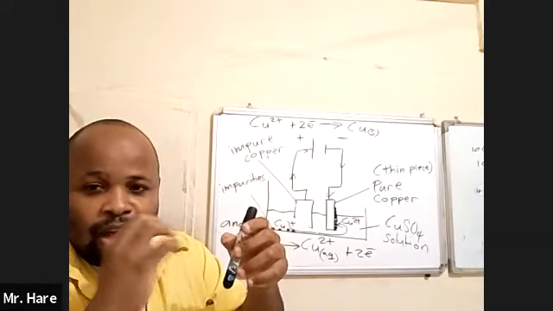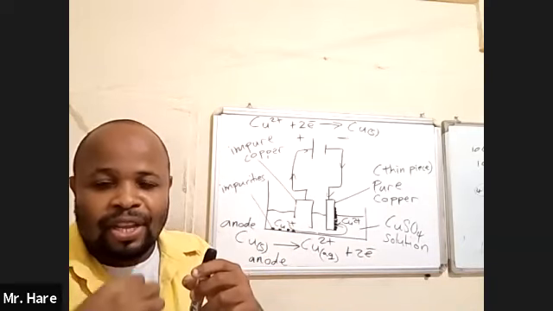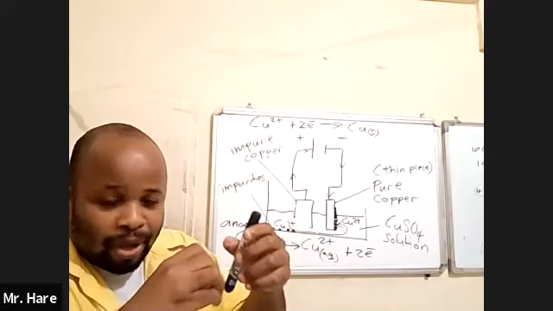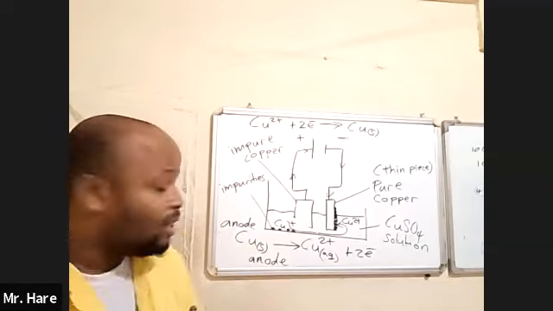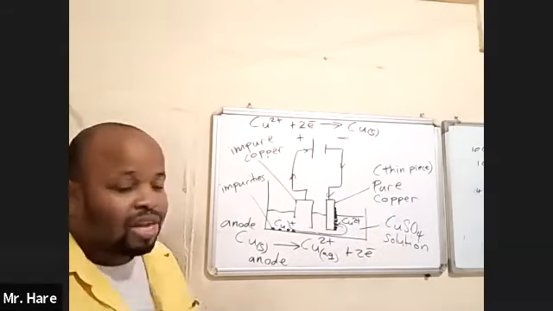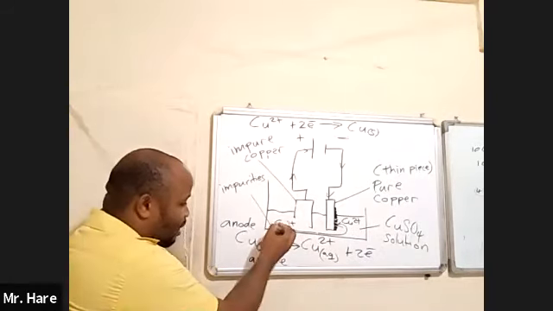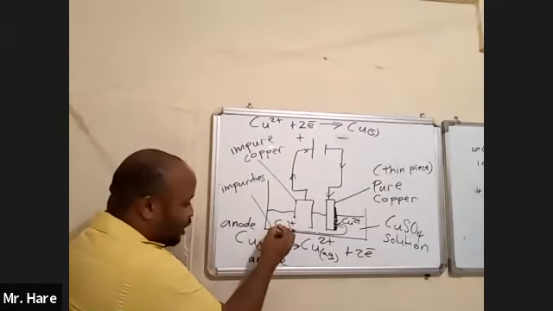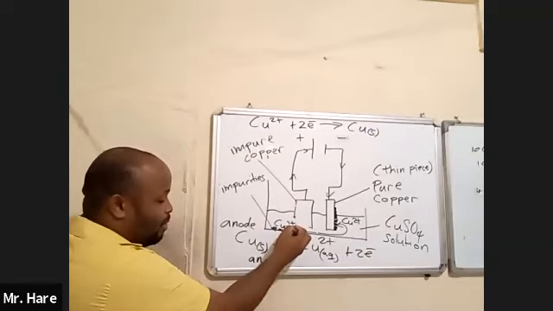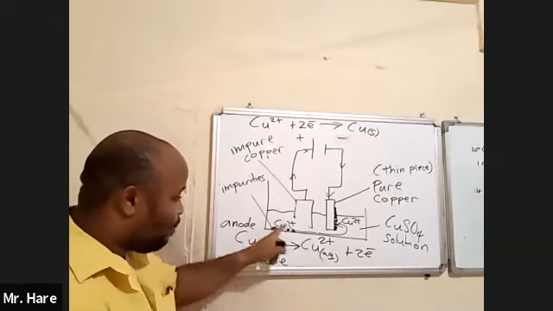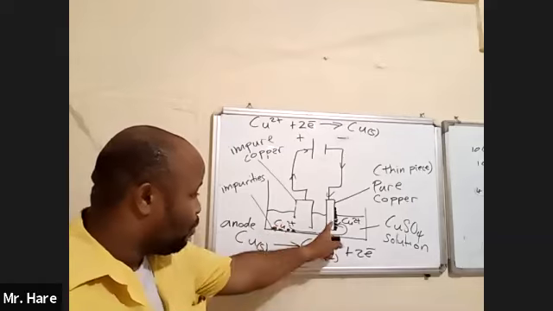The copper atoms are converted into ions, so the copper ions and the impurities go into this solution. Just imagine the impurities as rust. They are actual solids, so they just fall off to the bottom of the container, while the copper ions migrate over to the cathode.